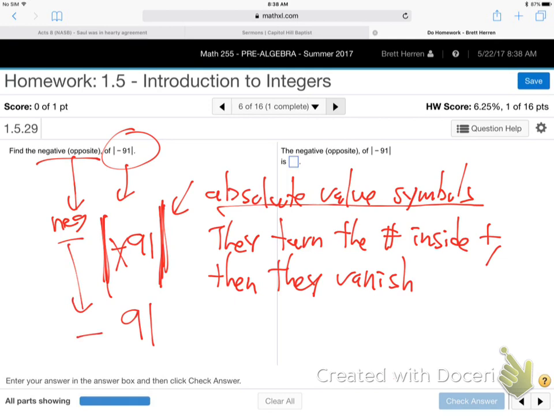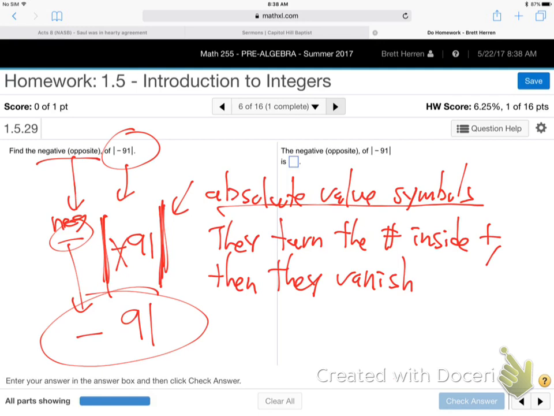Does that make sense? The one in the very front isn't canceled by the absolute value signs. They get rid of the minus between them, and then they vanish. The one in the front is still there, he comes down. So the final answer is negative 91. Just one minus.